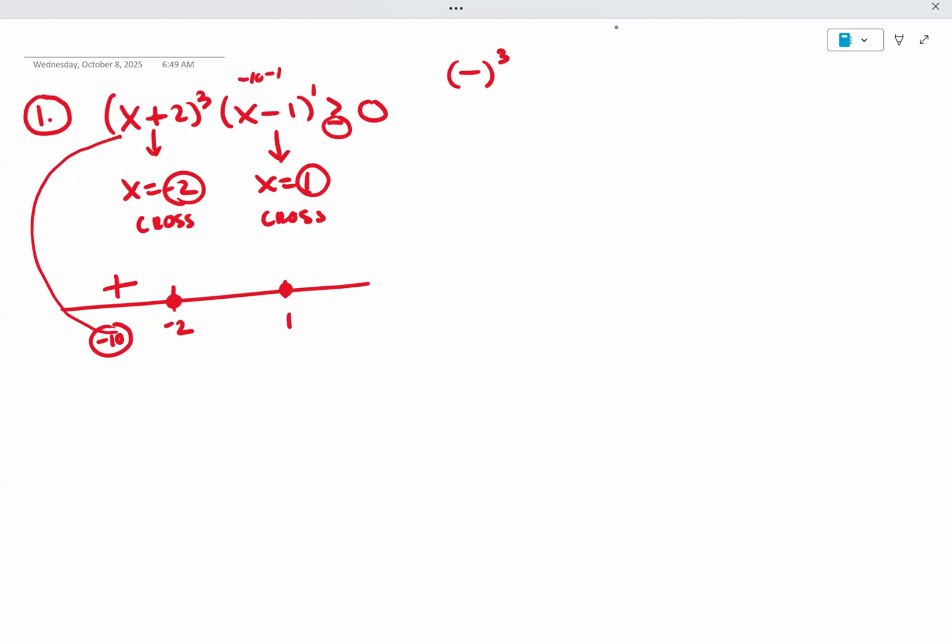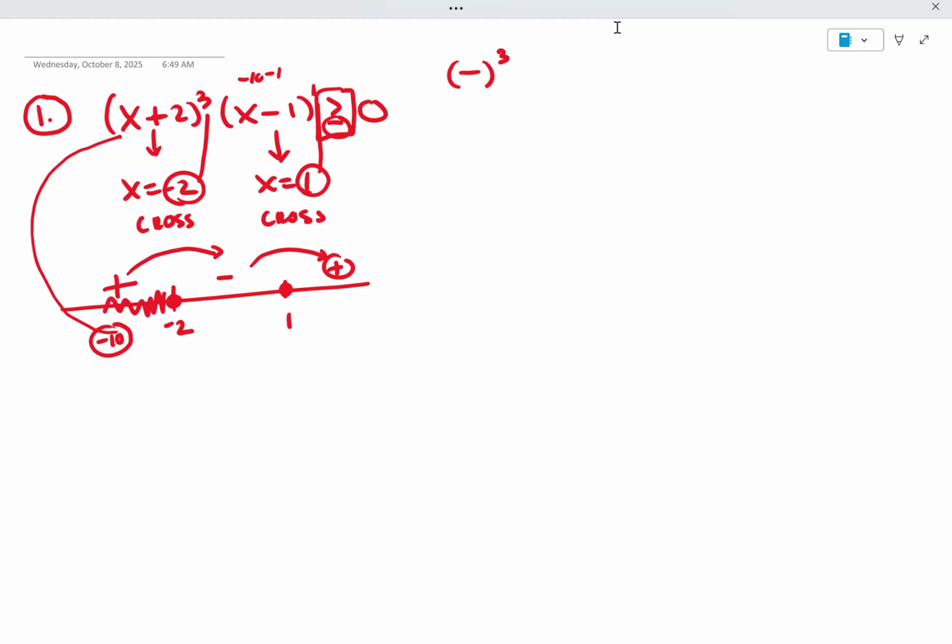Now, as a shortcut, these signs have to alternate: positive, negative, positive, because the powers belonging to those zeros are odd. Now, to answer the question, where is the number line positive is where my function is greater than or equal to 0.